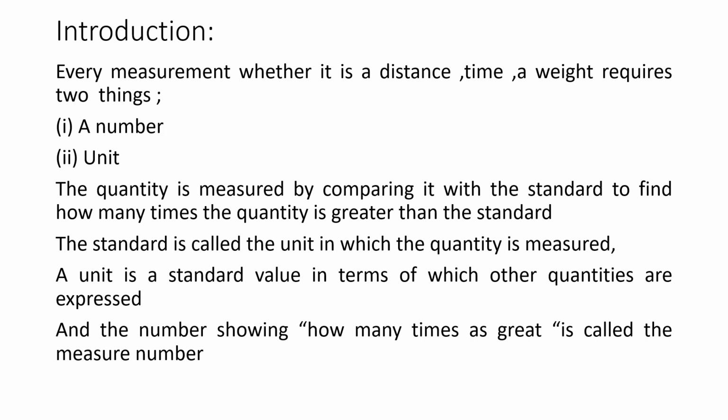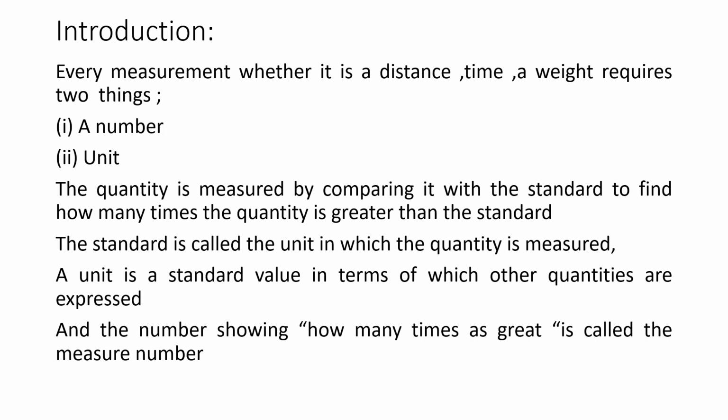There should not be any doubt in the measurement. For example, if I say 1 meter of something, it should mean the same length all over the world. Otherwise, there would be endless confusion.